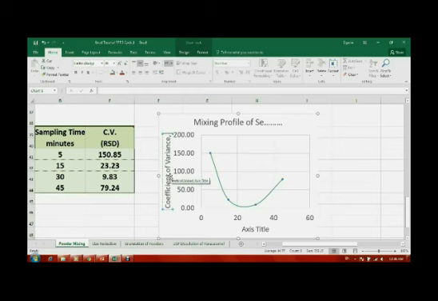Now, time to build up your portfolio pages. Use your prepared Word document with the appropriate heading and layout.